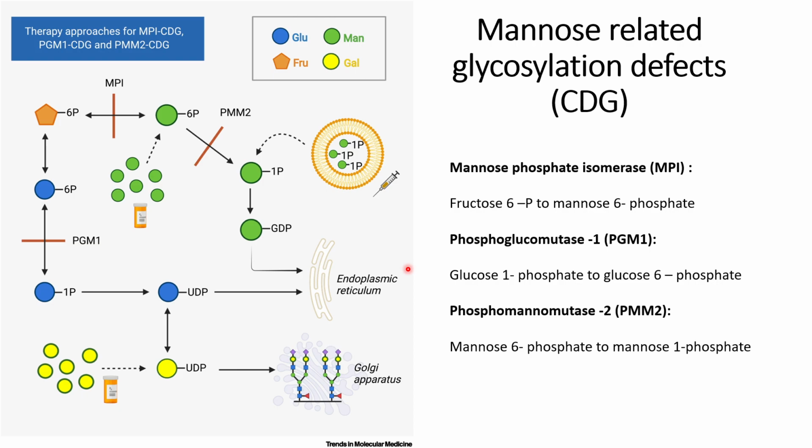Most of the proteins, more than 50% of the proteins, have this kind of glycosylation. So abnormality of PMM2 will affect most of the proteins.